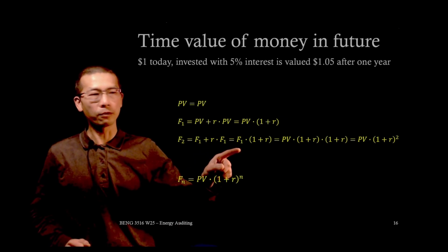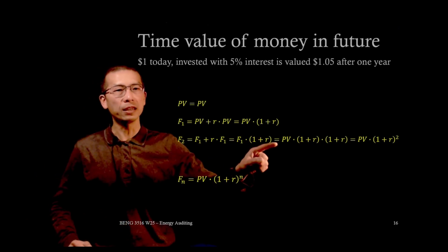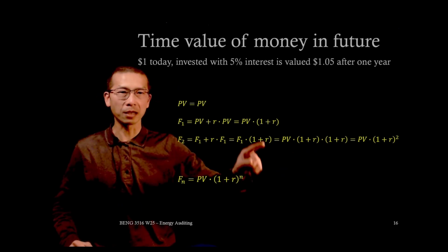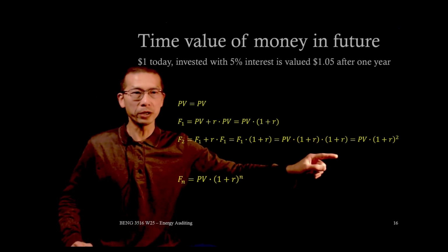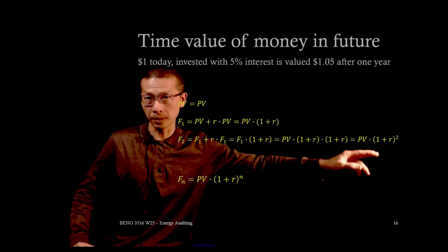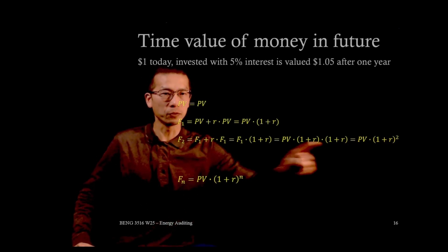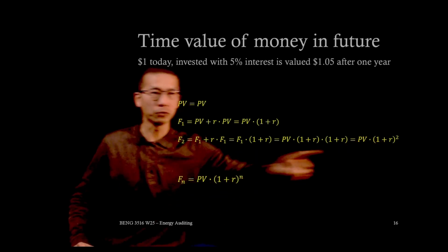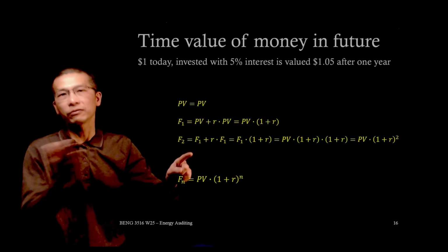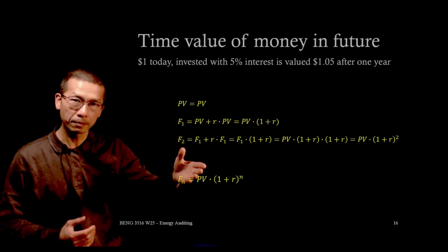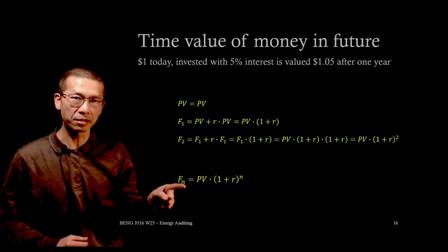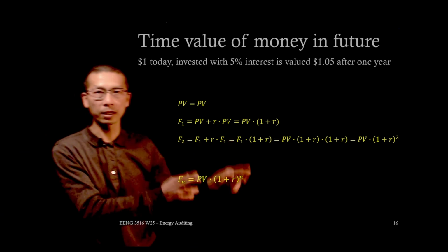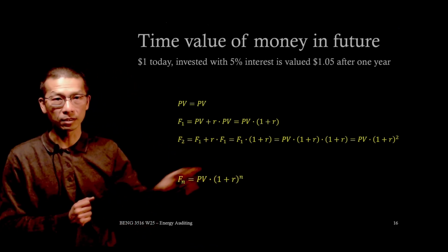If you replace F1, it's actually PV times 1 plus R. And then that F1 times R, so you have another 1 plus R. So really it's PV, present value, multiplied by 1 plus R to the power of 2, because you have 2 of them. And that's n equals 2, because it's the value after 2 years. And of course, so on. The value after n years, Fn, is PV multiplied by 1 plus R to the power of n. This is a general expression.